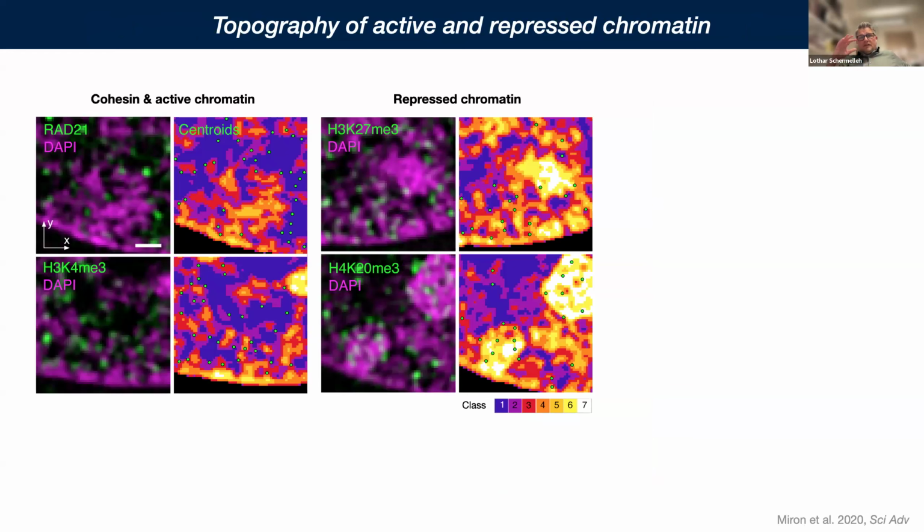And taking this approach and developing quantitative segmentation of chromatin, we basically could quantify the mapping of a whole variety of different functional markers of chromatin, from cohesin to histone modifications like H3K4, which marks active promoters, and H3K27 trimethyl here, marking repressed chromatin and so forth.